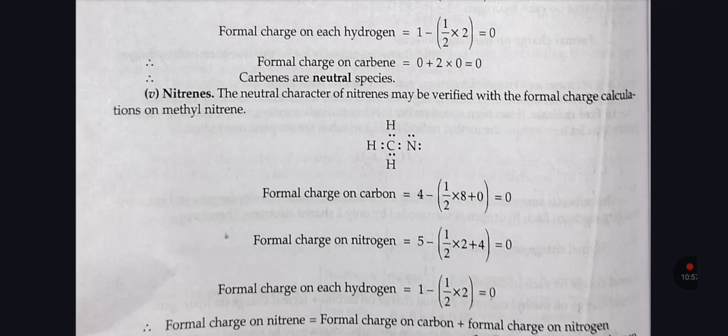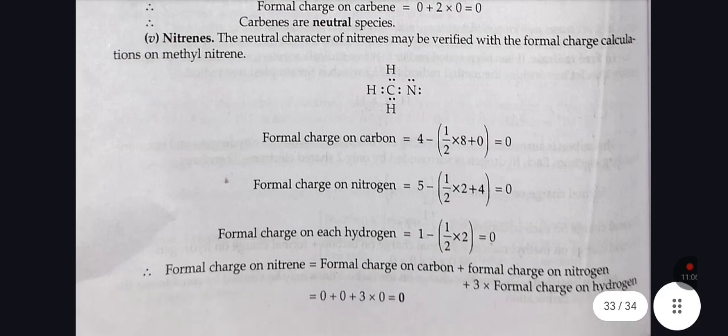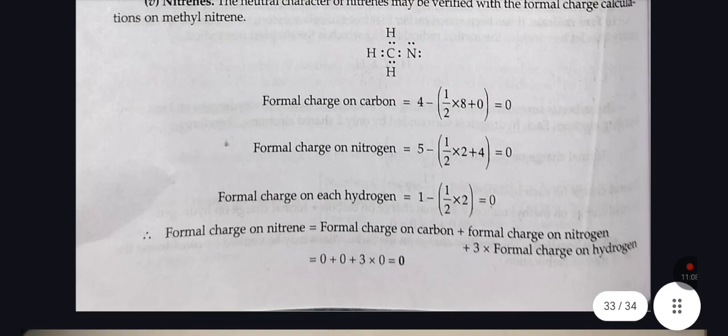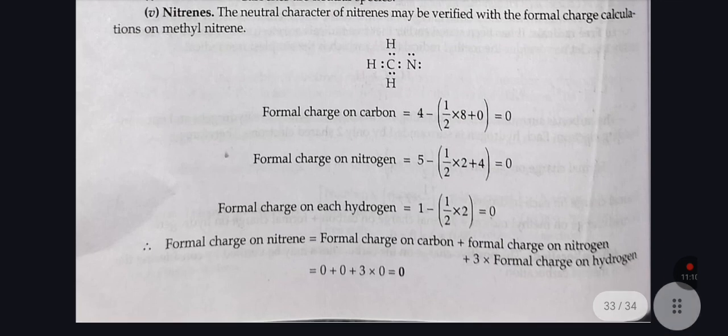Nitrenes. The neutral character of nitrenes may be verified with the formal charge calculation on methyl nitrene. The formal charge on carbon is equal to 4 minus (1/2 × 8 + 0), which will give 0. The formal charge on nitrogen is equal to 5 minus (1/2 × 2 + 4), which will give 0.